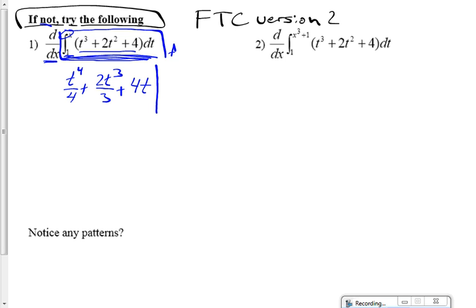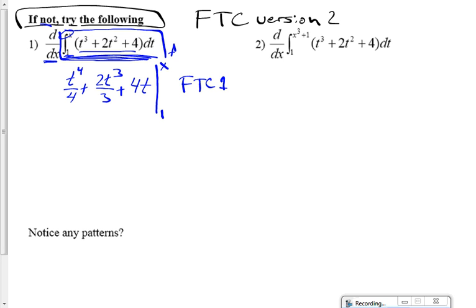I'm then going to evaluate that from 1 to x. Even though I've got a variable there, I'm going to go ahead and use fundamental theorem of calculus version 1 for that antiderivative. That's FTC 1. Okay? And once I feel like I've evaluated this integral sufficiently, I'm going to take a derivative. Keep that in mind as we move forward.